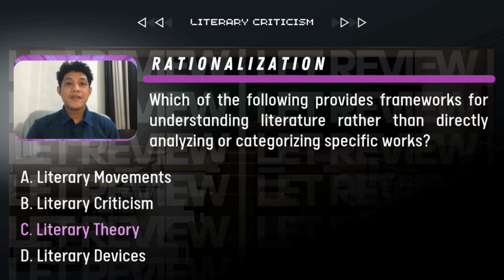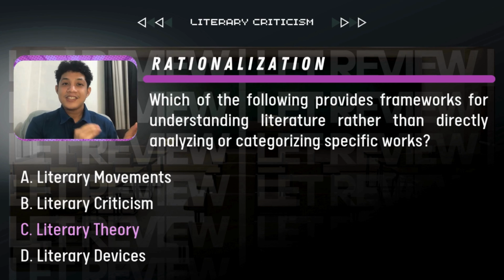On the other hand, literary criticism is the practice of analyzing specific texts, often applying theories such as structuralism and formalism. So overall, if we analyze the question, it is asking about an abstract framework for understanding.